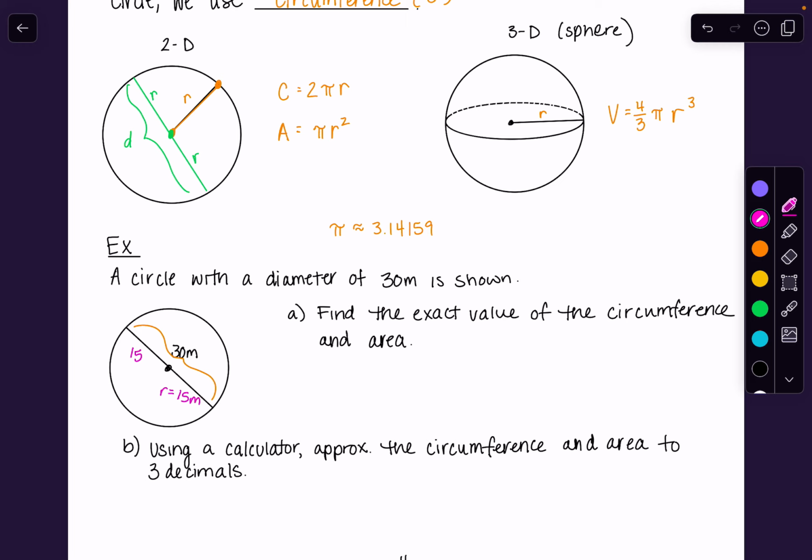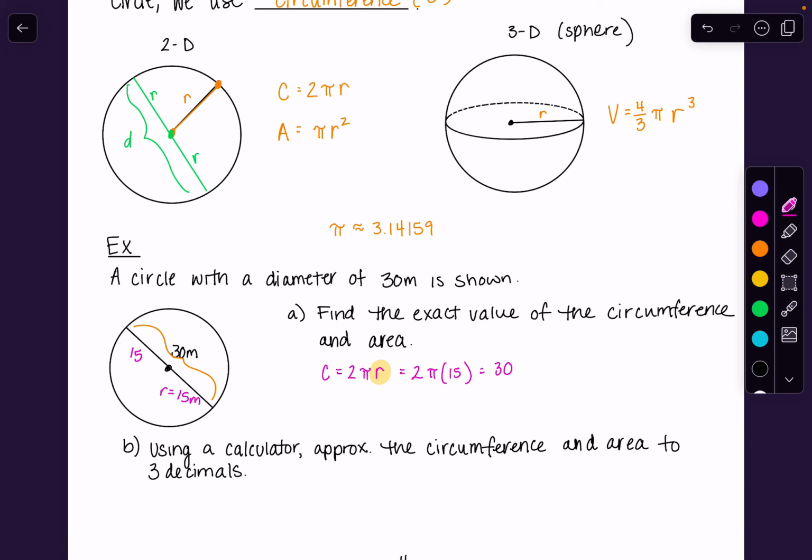Okay. So when I'm going to find the exact circumference, the exact value is 2 times pi times r. All I'm going to do is replace r with 15. So the exact circumference is 2 times pi times 15. And then multiplying the two things that are alike, 2 and 15.